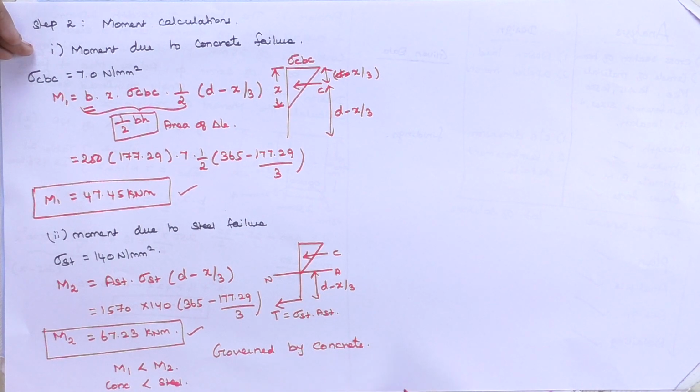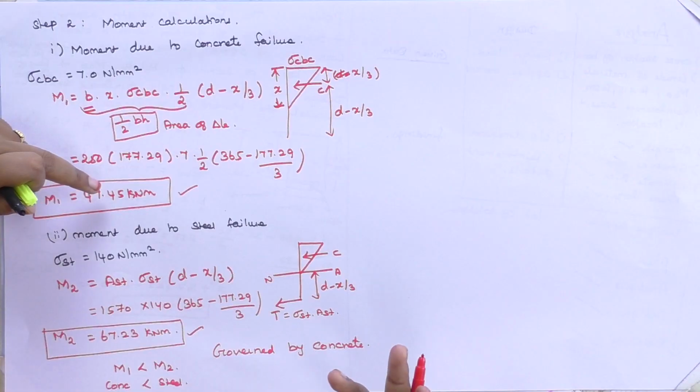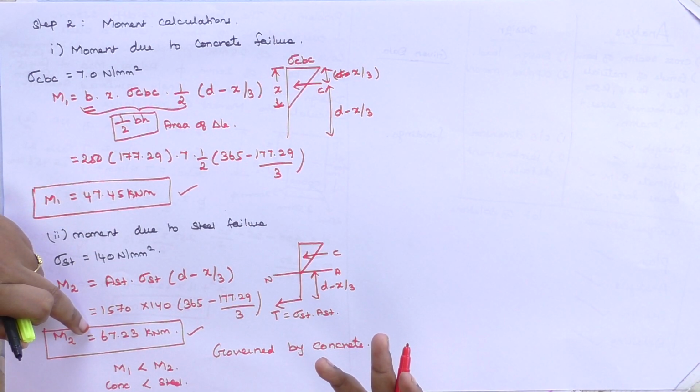You can ask me what is meant by governed by concrete. When I apply some load, it fails at 47.45 kilonewton meter itself. It won't go beyond 67.23. When it is carried by the steel, it goes up to 67.